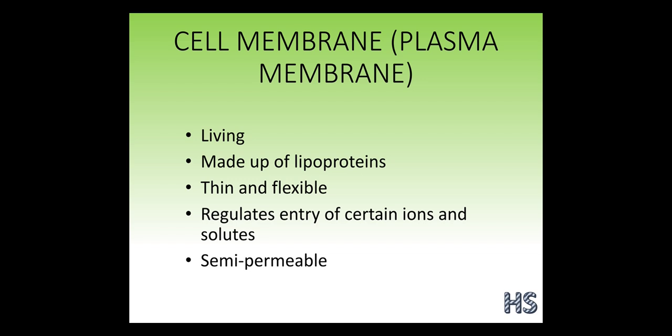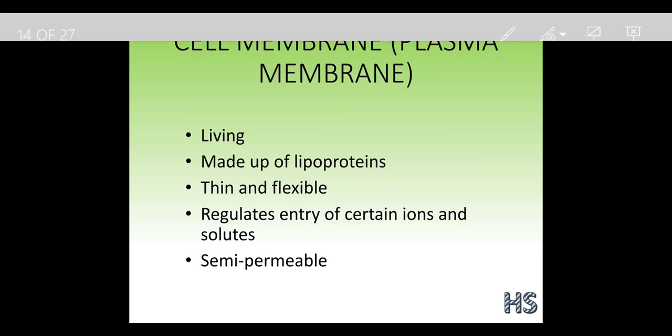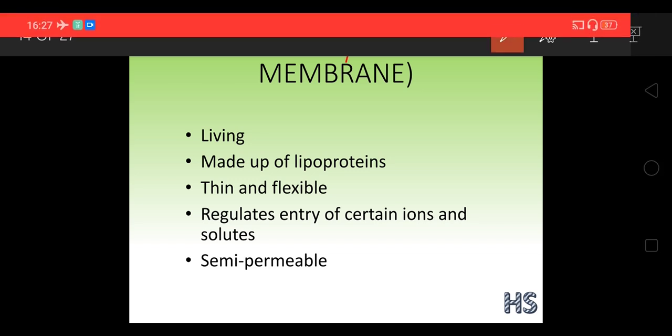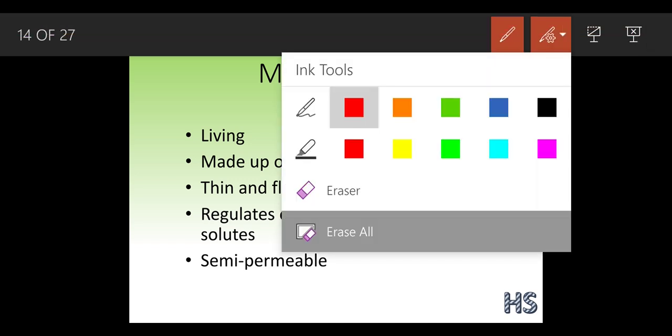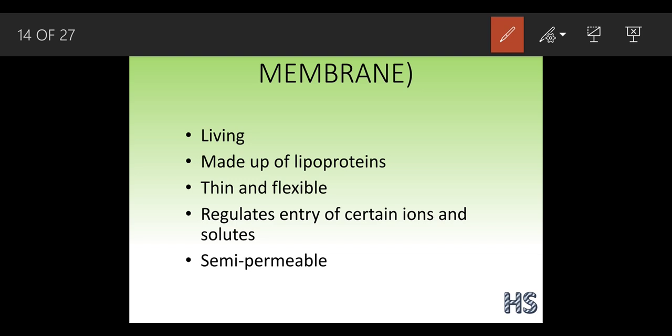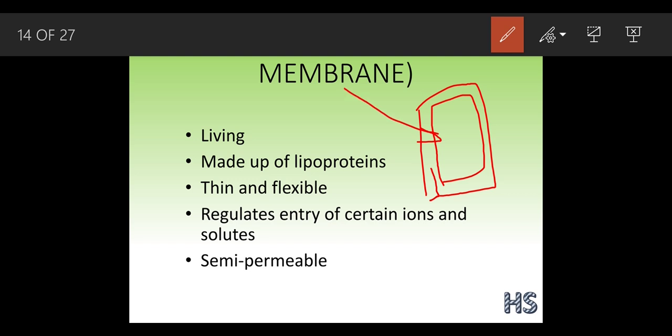Now we are going to discuss the cell membrane. The cell membrane is also called the plasma membrane. Suppose, as I said, this is a cell wall which we are making. Suppose I am making one more wall inside this. This one more wall is called the plasma membrane.